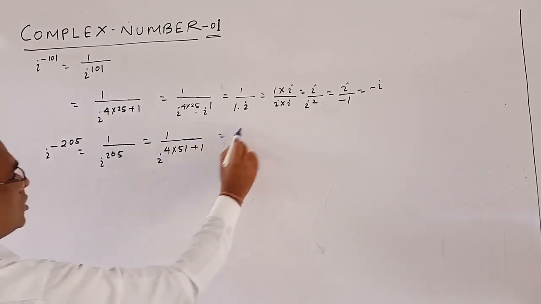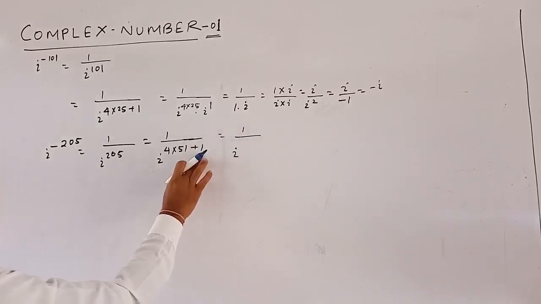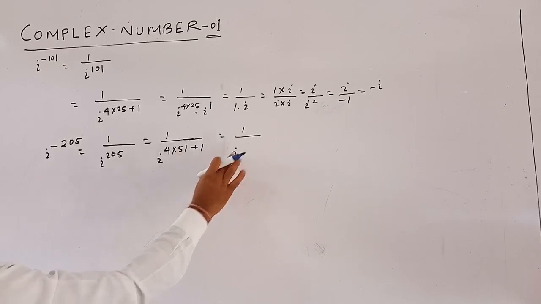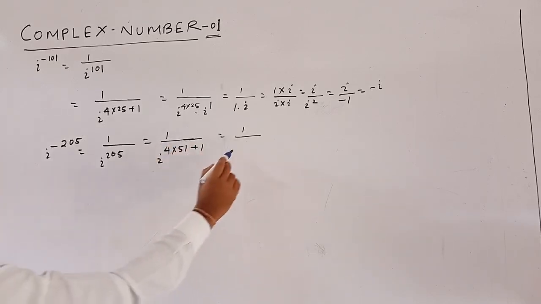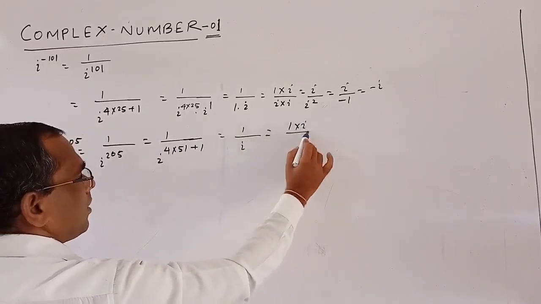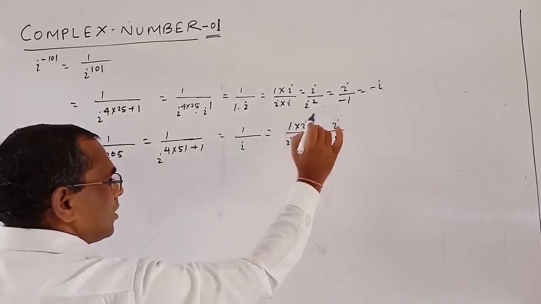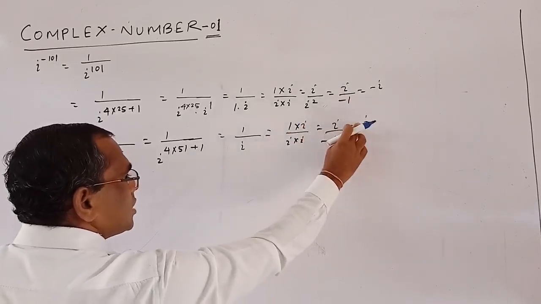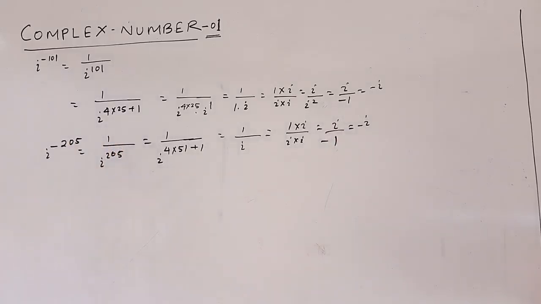So this is also i to the power 1, remainder 1, and remainder 1 means i. So 1 by i means 1 into i by i into i, so this is i by i square, which is i by minus 1, and this is also minus i. Okay, next.